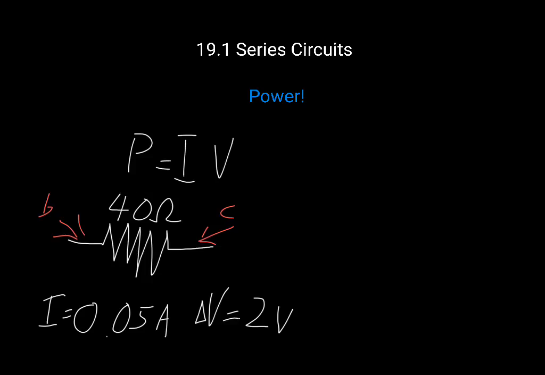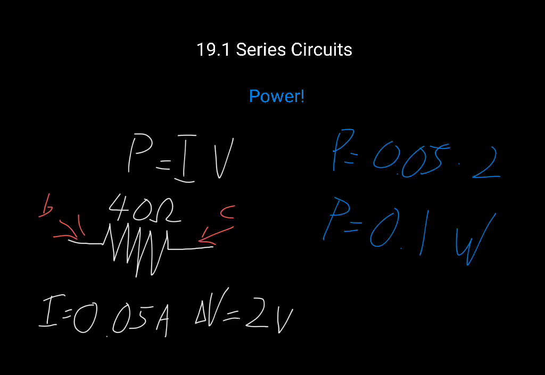So we just need to plug these two parts into the equation, our current for our current, and our voltage for our voltage. So power equals current, which is 0.05 amps, times voltage, which is 2 volts. And we end up with 0.1 watts for our power.